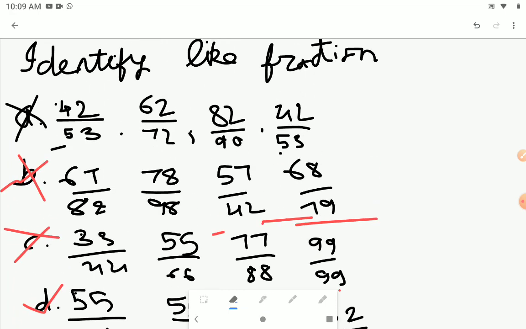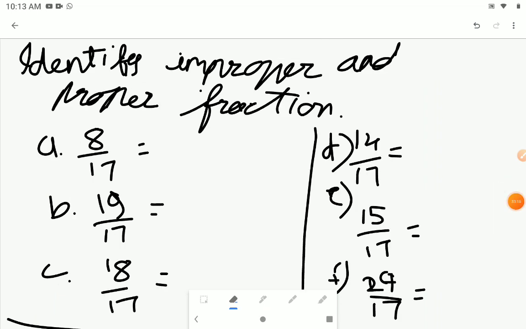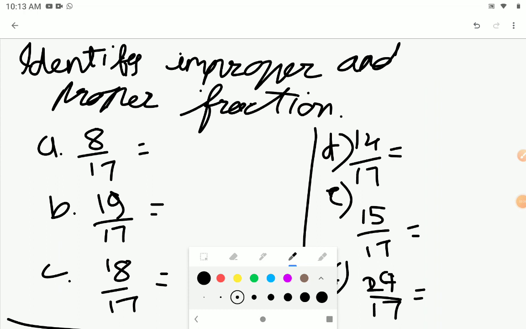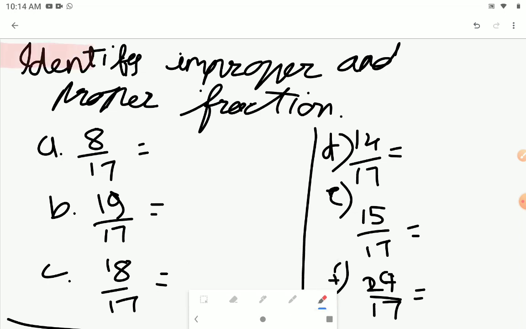So the correct answer to this will be D. Okay, now the next question is coming on your screen. Your question is to identify improper and proper fractions.